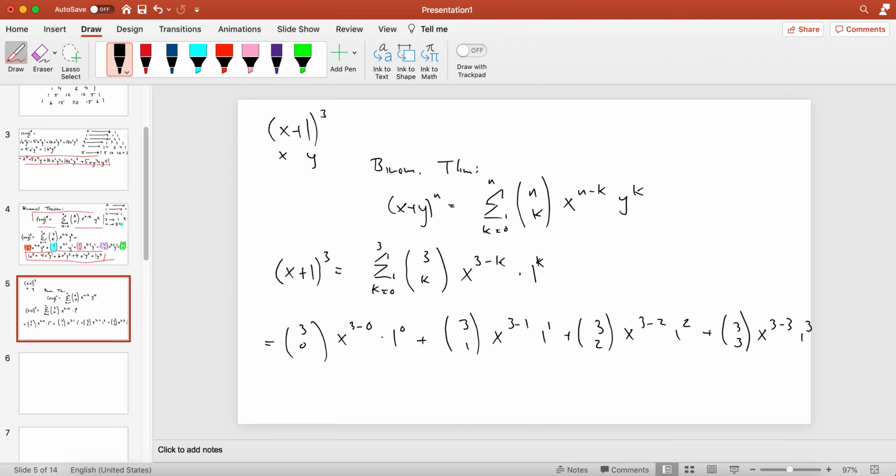But I don't want to compute all of this, 3 choose 0, 3 choose 1, 3 choose 2, that's too much work.